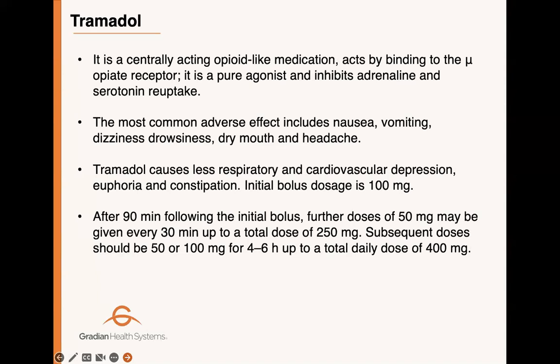It has less cardiac and respiratory depression. The dose is 100 milligrams to start, and then you can give 50 milligrams every 30 minutes. Make sure your total dose does not exceed 250, and the maximum dose in a day should not exceed 400 milligrams.